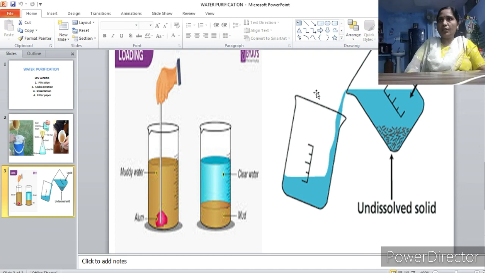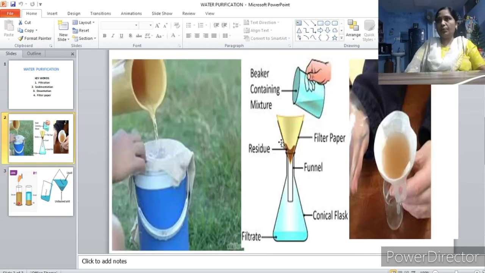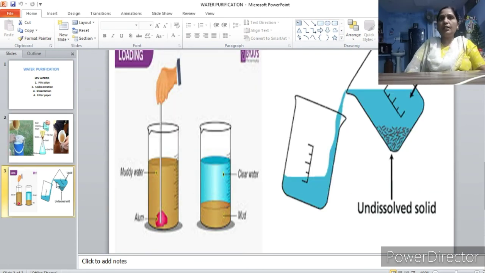In the other beaker you are using, insert a funnel as I showed in the filtration process. Insert the funnel with a cotton cloth shaped like a funnel, or if filter paper is available, insert it inside the funnel. So in the decantation process you can show the filtration process also.